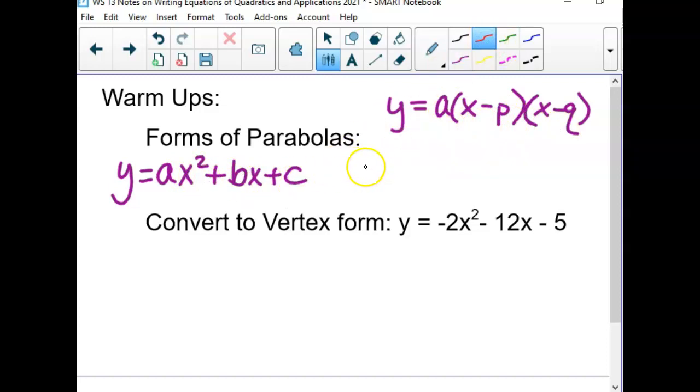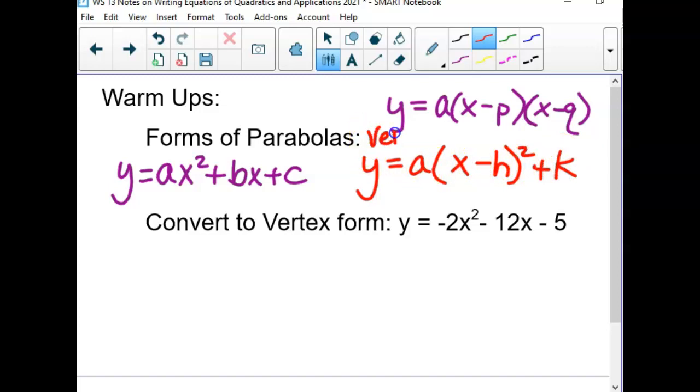Then the one that's big today is vertex form. All right. The A is the same, but then it goes x minus h squared plus k. Can you make sure you put that at the top of your notes? Vertex form we're going to need today.